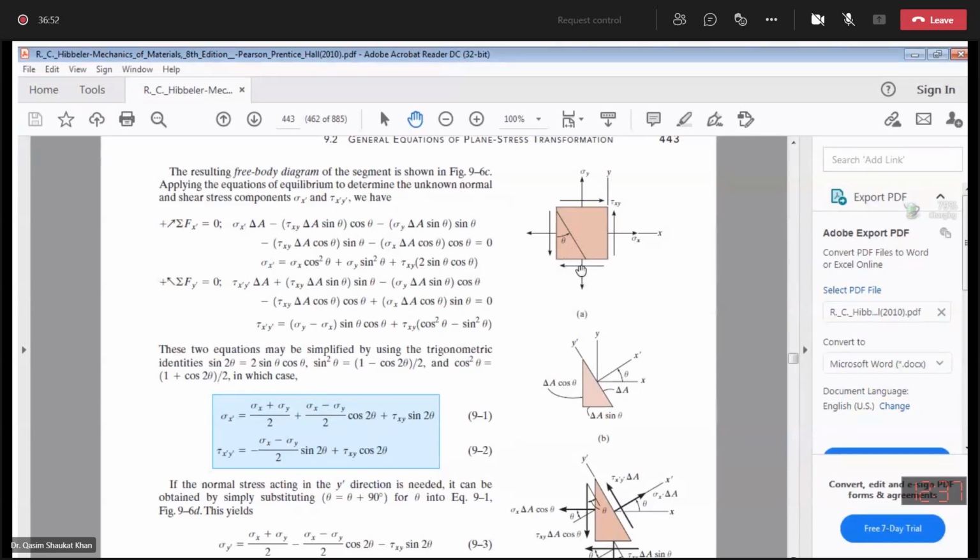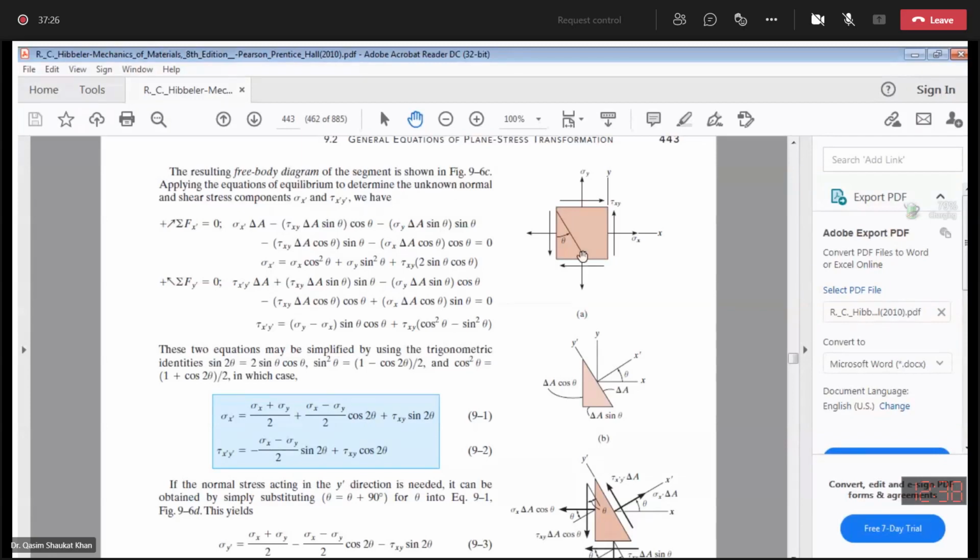So in the first step, they have cut the section along the y dash axis, or you can say the section has been taken along the plane y dash, and you got this segment. Now remember one thing we have studied earlier: the plane about which you cut the section will have an impact on the resultant normal and shear stress.